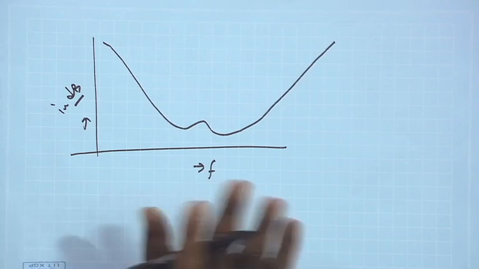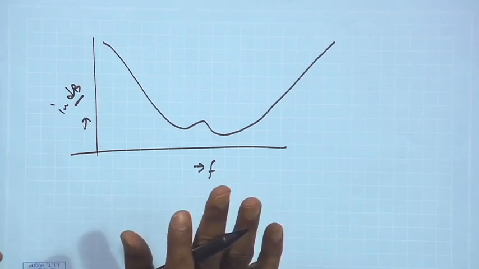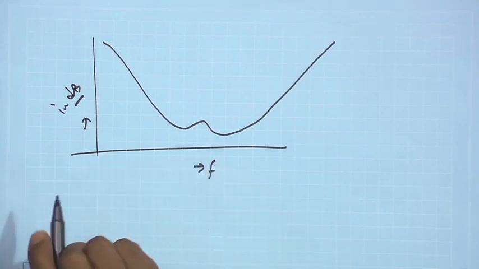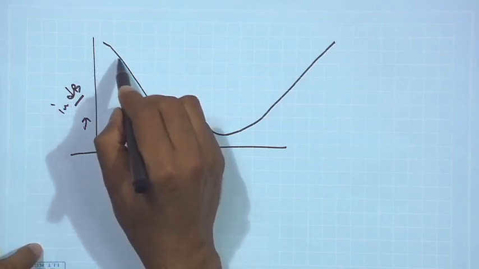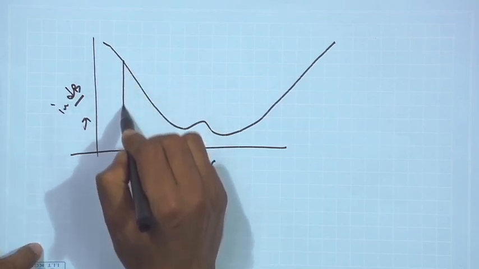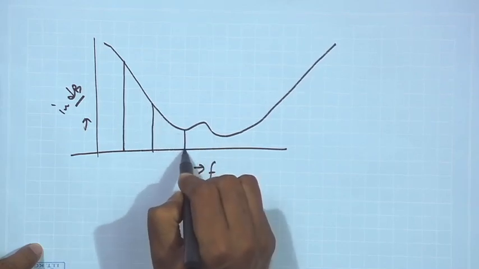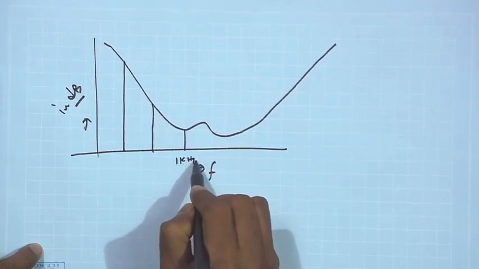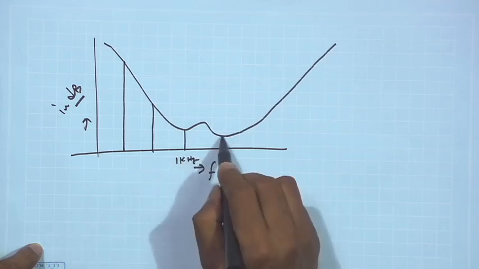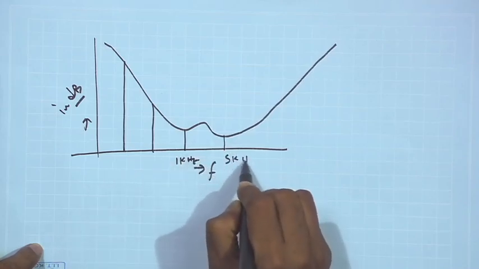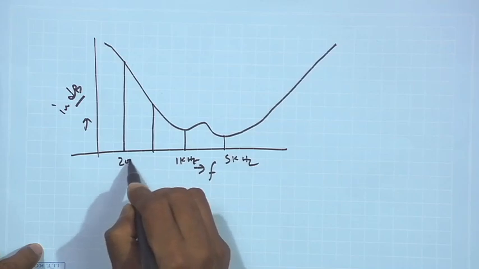Reference is 10 to the power minus 12 watt, 0 dB. Now, this is for 1 kilohertz, this is 5 kilohertz, this is 200 hertz.